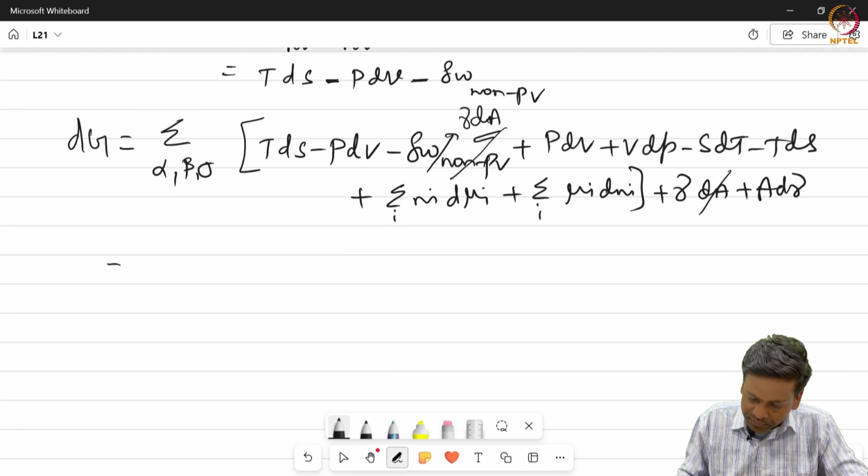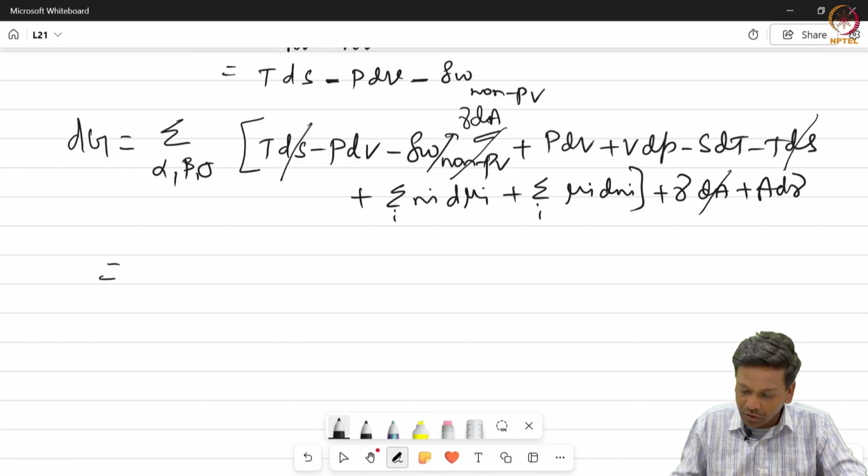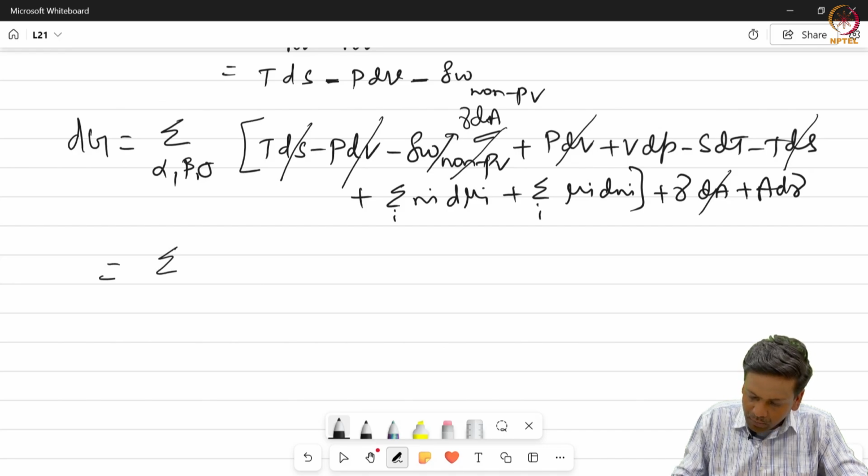Now, we can see that this TdS term also cancels out. Then you have minus PdV plus PdV, so you will not have much of this term.